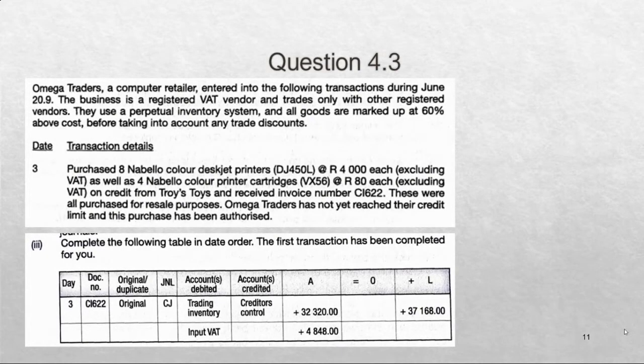The business is a registered VAT vendor and trades only with other registered vendors. They use a perpetual inventory system. Who can tell me, when you see the words perpetual inventory system, what does that tell you? Where should I take the inventory to?